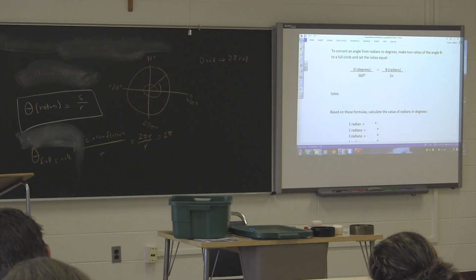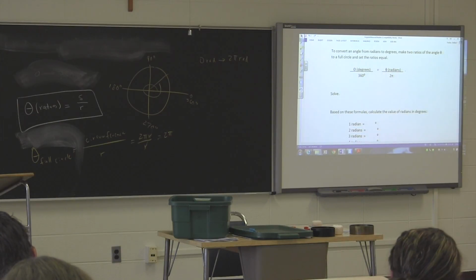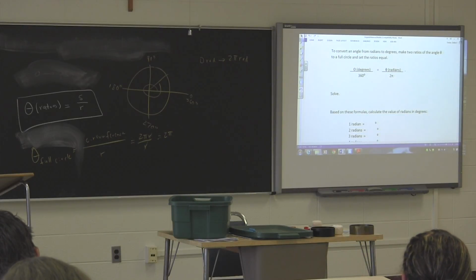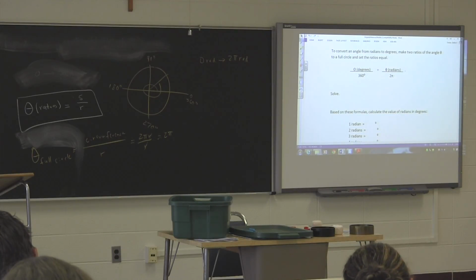All right. Who can tell me what you wrote down for getting theta in degrees? Theta over 360 equals 1 over 2 pi, if it's 1 radian.